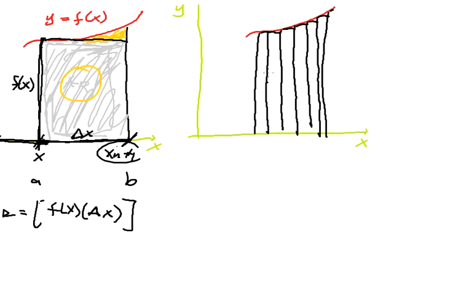Say this is from point A to point B, we have x sub 1, x sub 2, x sub 3, x sub 4, up to x sub n plus 1. At the same time, we have to determine the heights: f of x1, f of x2, f of x3, up to f of xn.